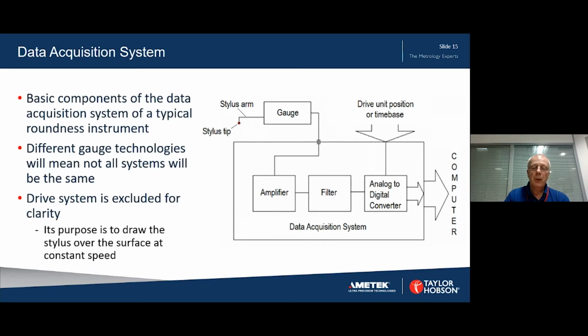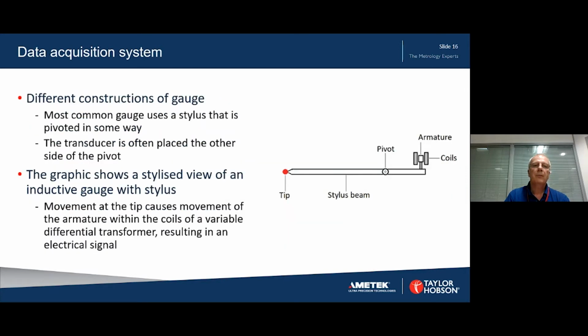There might also be a need for amplification, especially where there are selectable ranges, such as in our inductive systems. However, there will almost certainly be a filtering stage. This could be an explicit filter or one that's inherent in the way in which the converter works.